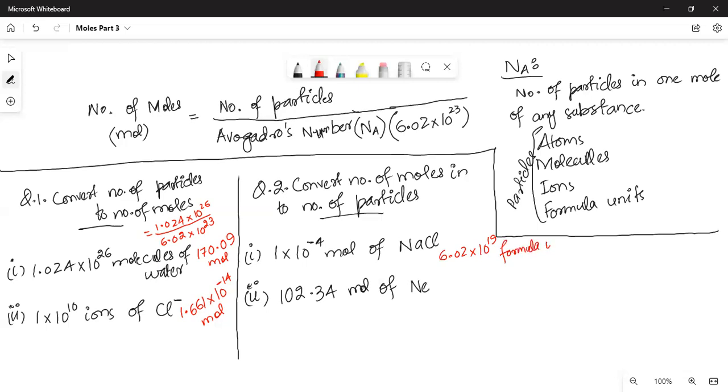If you're sure that these are formula units, since you know from this formula NaCl compound, we can write this. If you're not sure, it's pretty easy. Simply write particles, 6.02 into 10 raised to the power 19 particles. I hope that makes sense. Does it? Yes, sir. Good. Go ahead with the last part. I am aiming to complete 2 formulas today and not just 1.